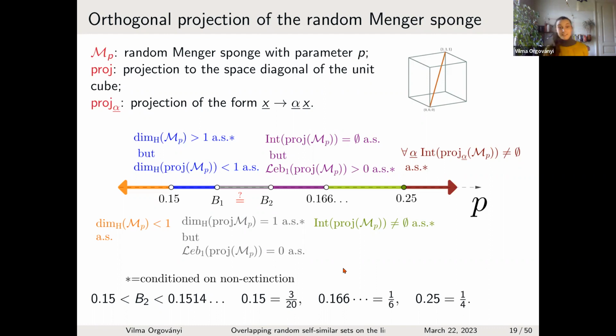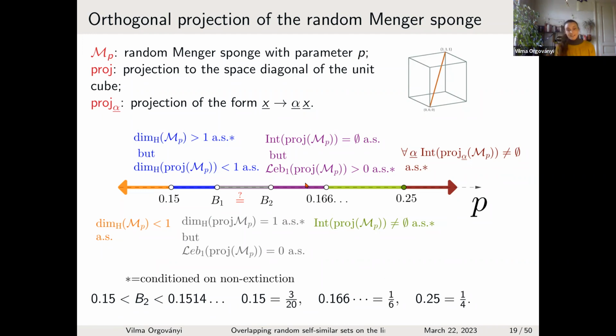But what we know is that the purple interval exists. The left-hand point is B2, which we don't know precisely, but we know that it's between 0.15 and 0.1514. And it ends with 1/6.